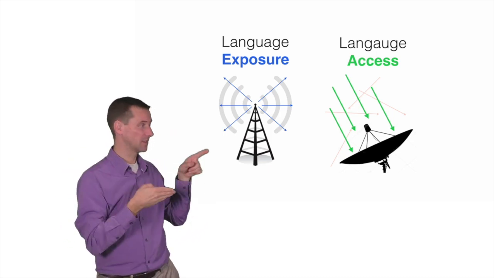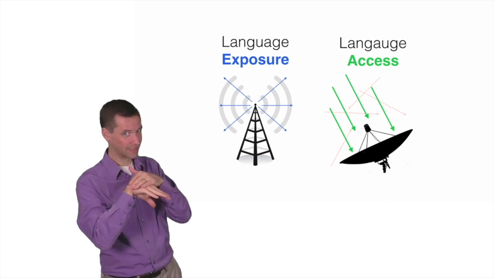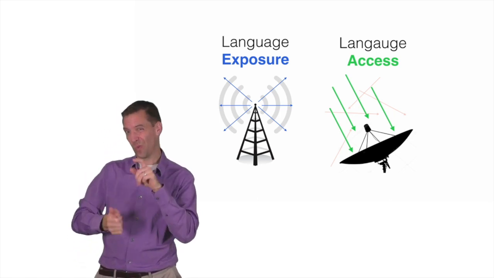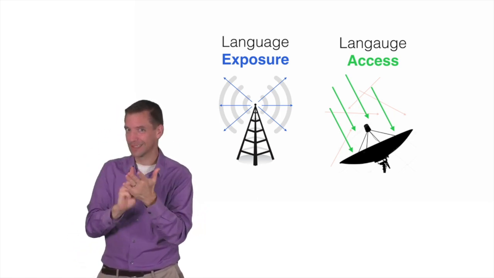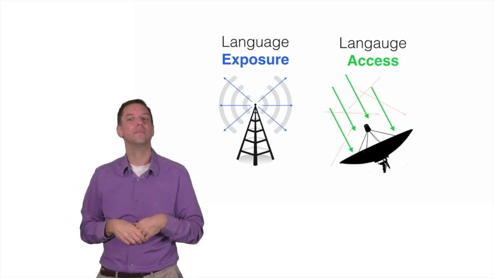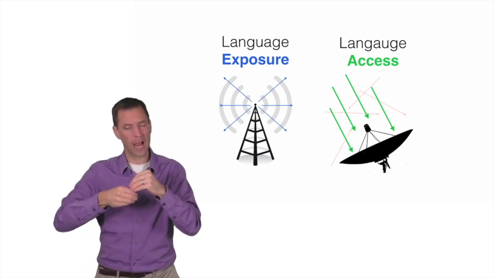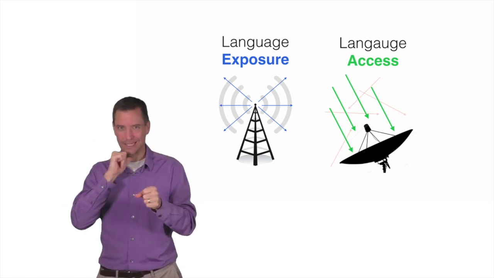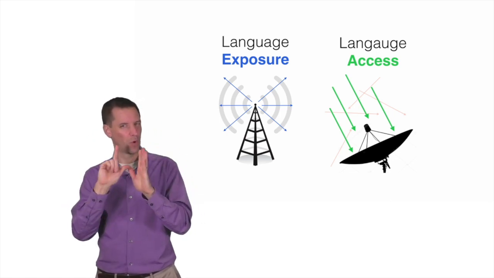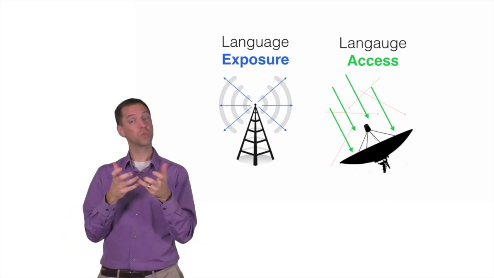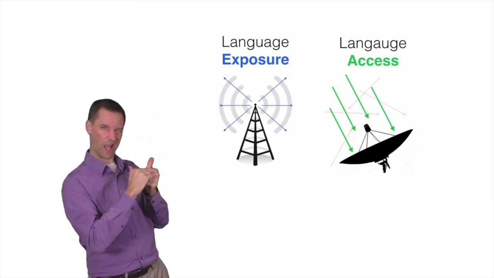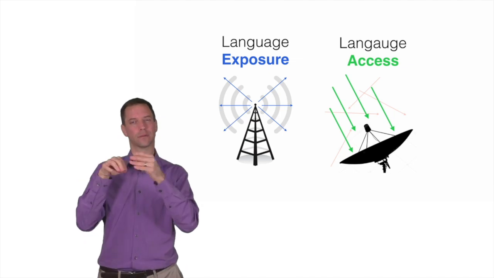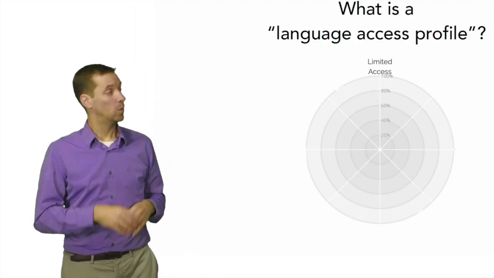That's great, but most assessments of language history are really about language exposure and don't consider access. Largely because most forms for collecting language histories are not designed for deaf and hard of hearing children. Now, maybe you supplement that by adding information about the child's communication mode, but that is definitely not enough, and I'll say more about that later. For now, let's look at how we visualize language access profiles.